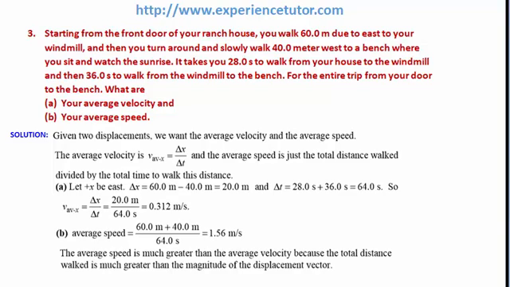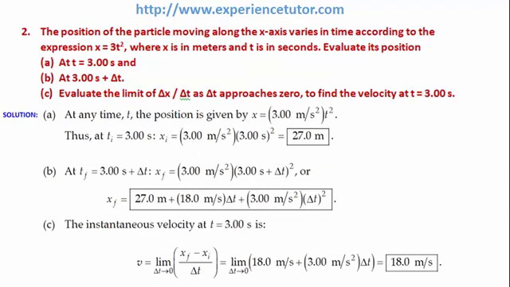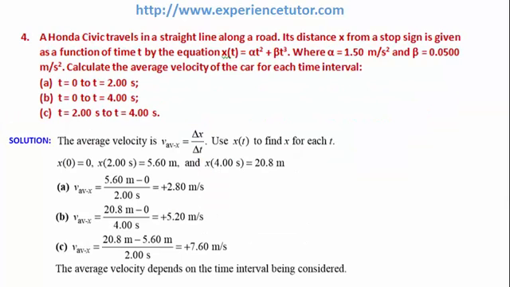Question 4. A Honda Civic travels in a straight line along a road.